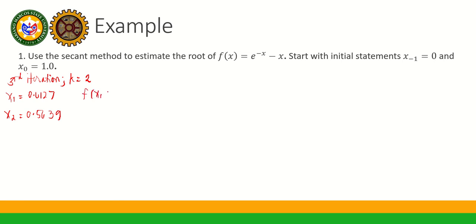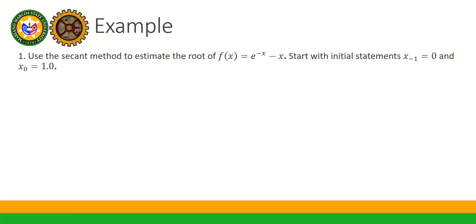F of x sub 1 is equal to negative 0.0708. F of x sub 2 is equal to, if we're going to plug this dito sa function natin, we will get 5.0857 times 10 raised to negative 3. Okay, so now we compute for x sub 3.